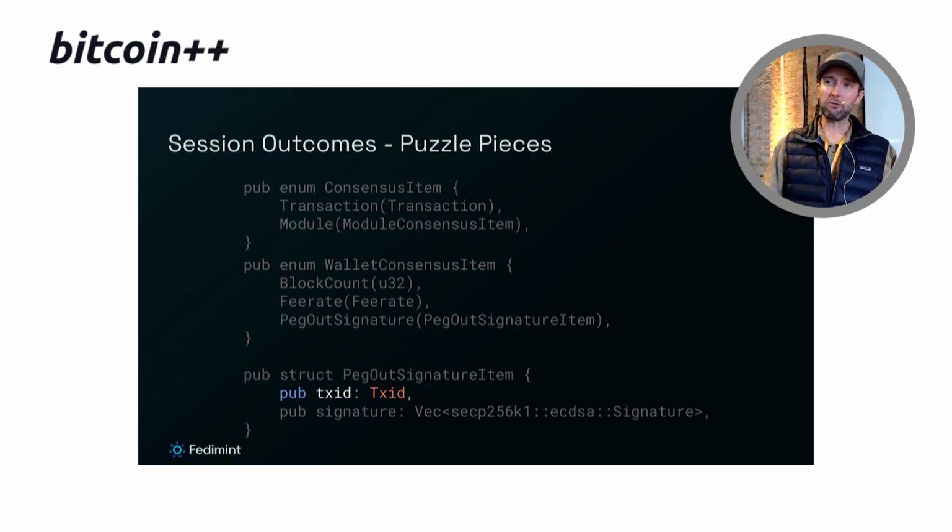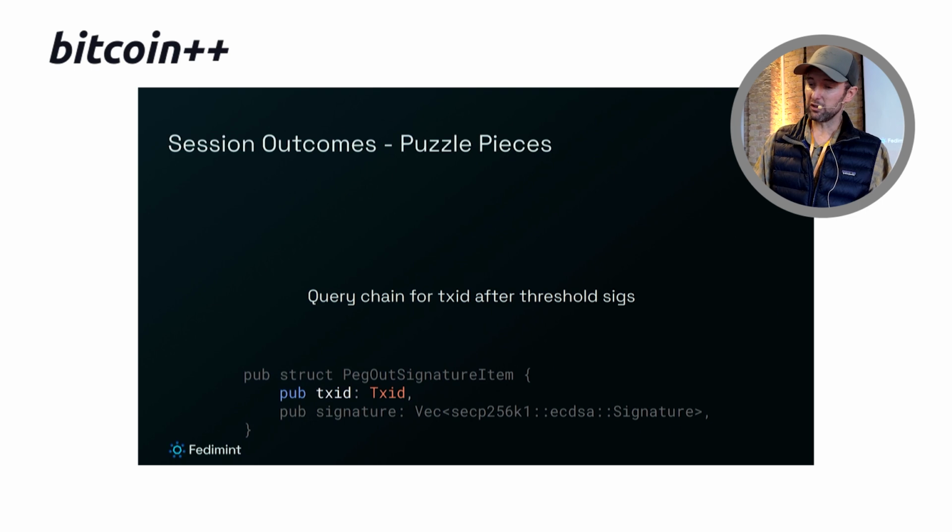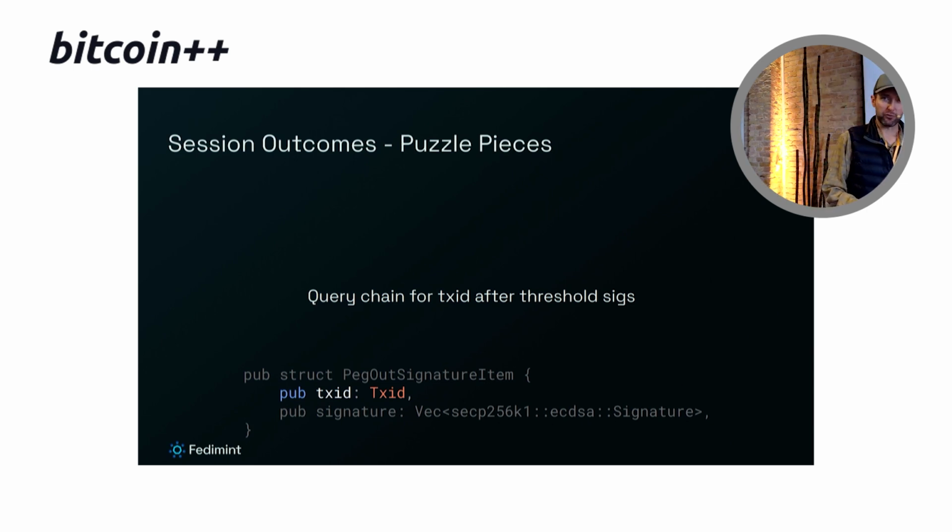We know we can observe once there's a threshold of peers that have submitted signatures for this TXID, and they will then broadcast it to the network. So we can then lean on a block explorer to query the chain for that transaction.